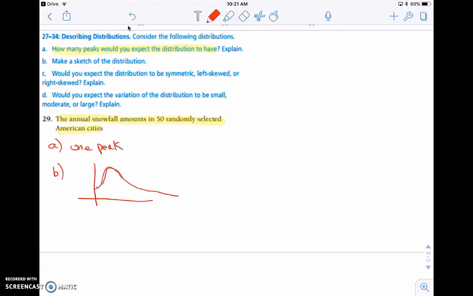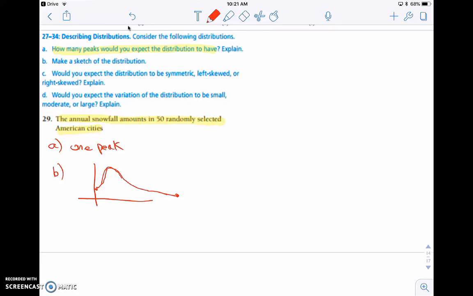There's definitely going to be some places that have a lot of snowfall, and those data points are going to be pulling us way out to the right. But we also have a minimum. I mean, potentially a place gets no snow, so we know we have a minimum. Based off of that, I know that this is going to be skewed right, because the left is kind of stuck. It can only go so low.